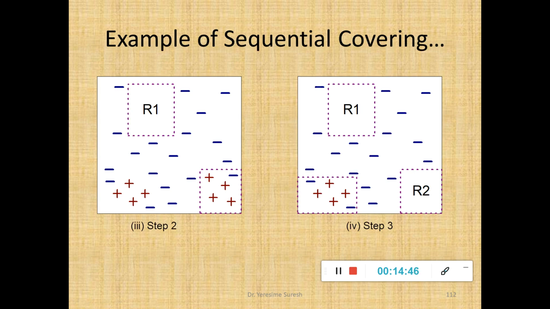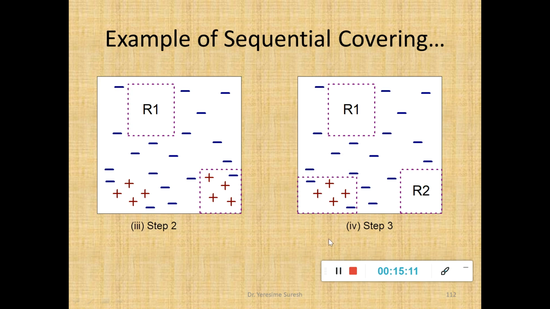Please listen to this, I am repeating this probably for the 4th or 5th time. Any function that covers more number of positive instances and zero or few negative instances is called the learn one rule function, and this function is used in your sequential covering algorithm.